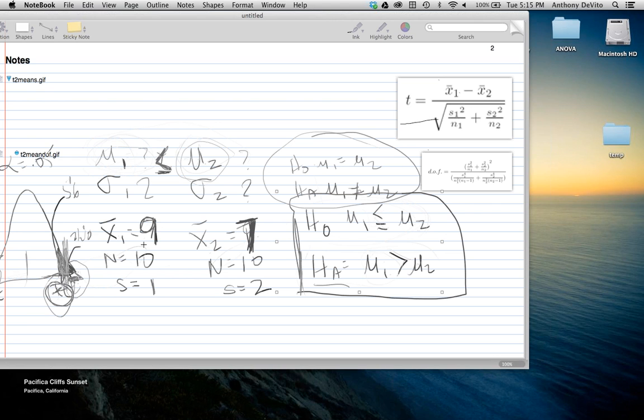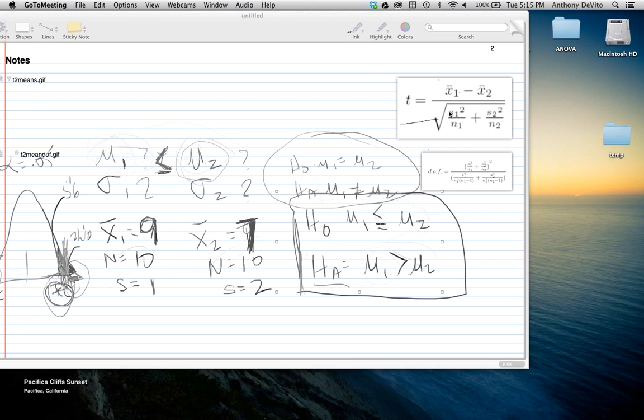Okay, so now let's take a look at this. Let's actually go ahead and calculate this. One of the things that we're going to need to complete this formula is the standard error, the bottom half of this t equation. And I'm going to have to calculate that.